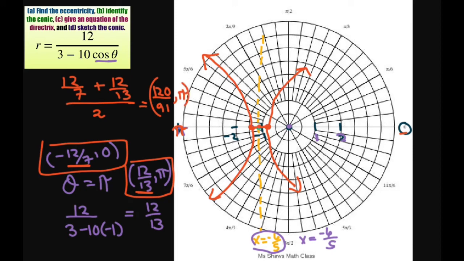So that's your center. Then if you want, you can draw some asymptotes out here. Let's use green. You get those by setting your denominator equals 0.